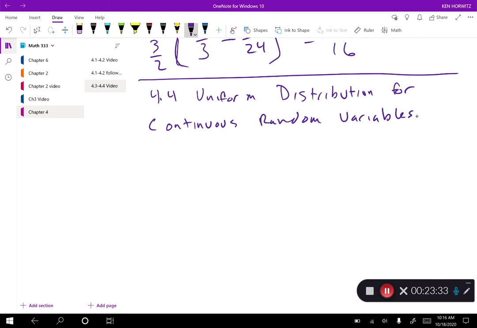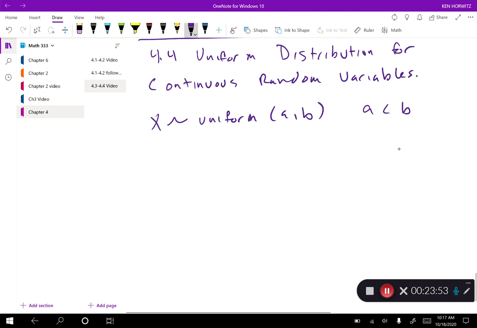When you see something like this, X uniform, that means X is a uniform distribution between a and b, where a is less than b.